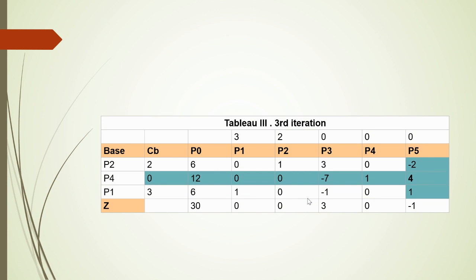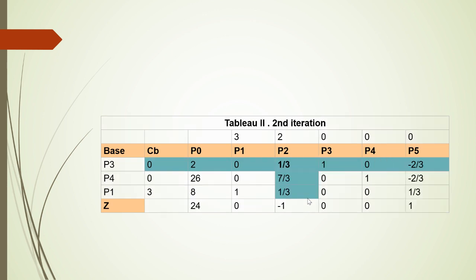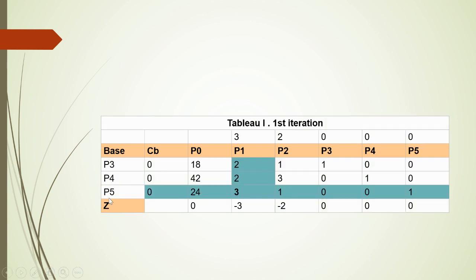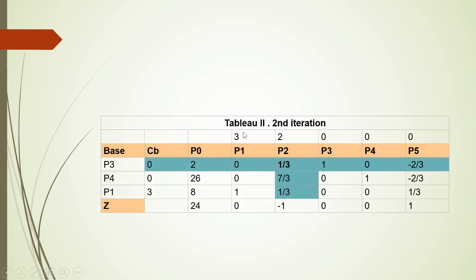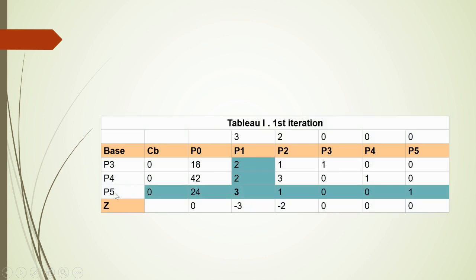And after this, here P5, which is x5, is the leaving row. This is the pivot row, this row will leave. And this is the entering column, the pivot column. In the second iteration, P5 is replaced with P1.